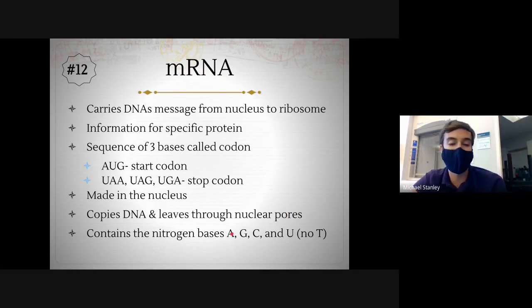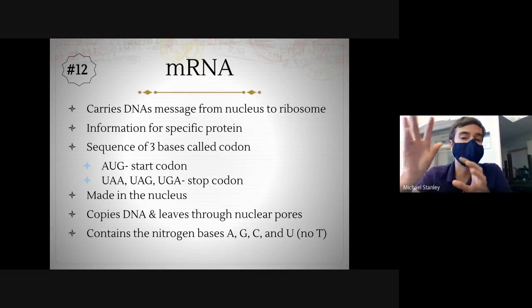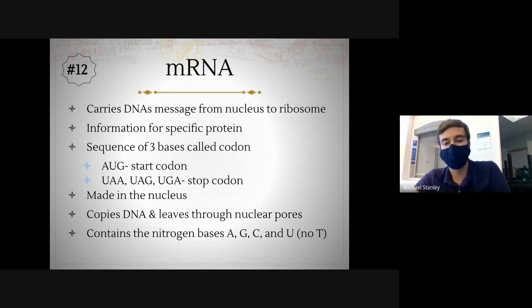And again, they're made up of A, G, C, and U. So there's no T's in mRNAs, there is U instead. So these messenger RNAs, these mRNAs, are what are copying the DNA code and taking that information to the ribosome.